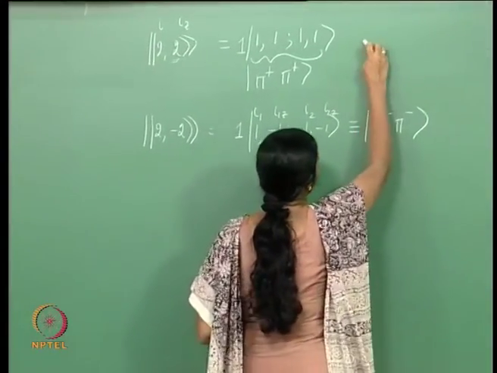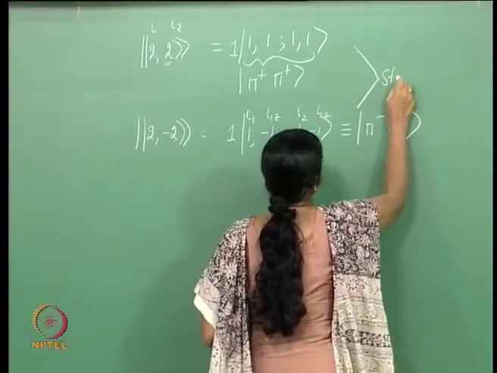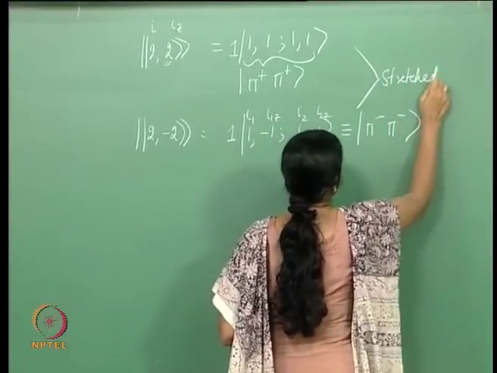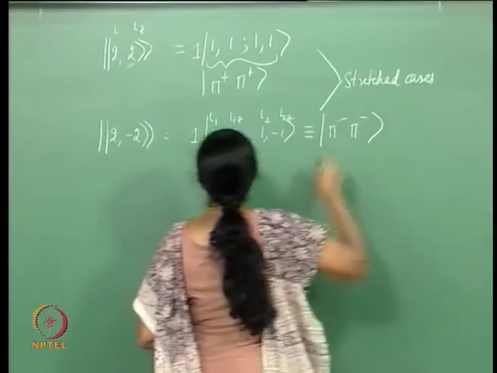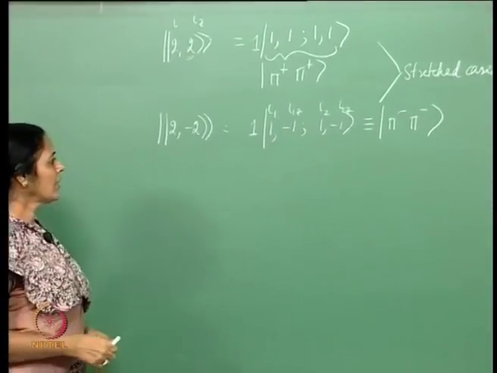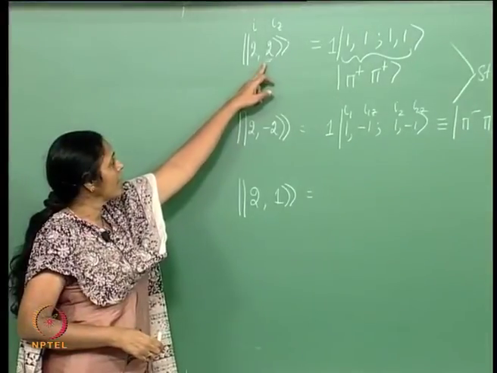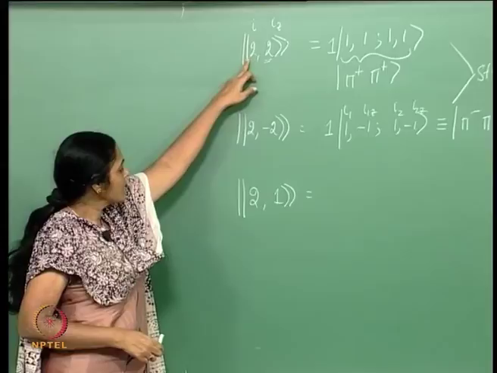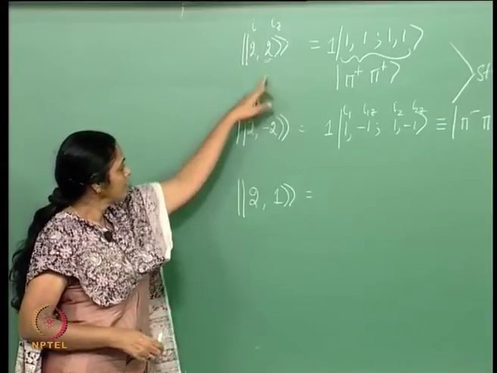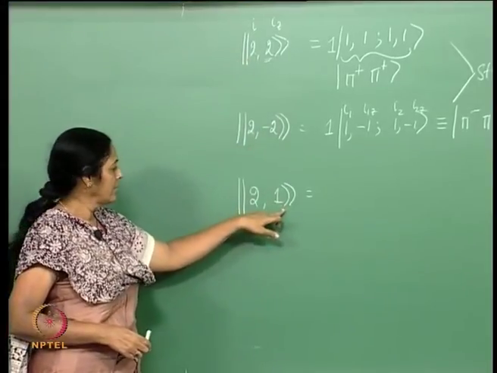So these are examples of stretched cases. But there are other states as well. For instance, there is the state 2, 1. After all, Iz can take values from plus I to minus I in steps of 1.